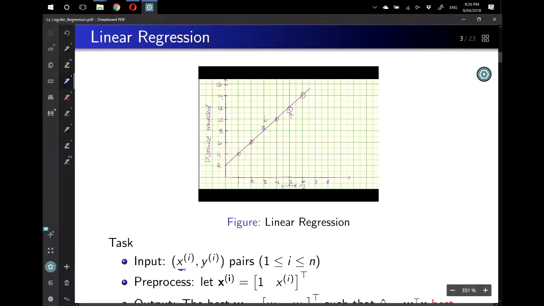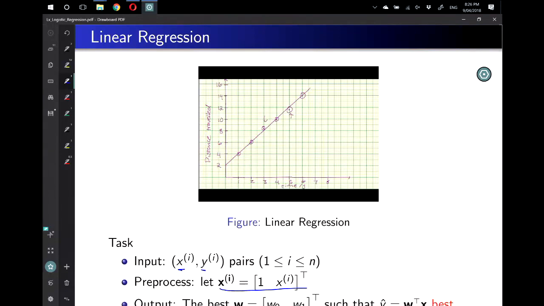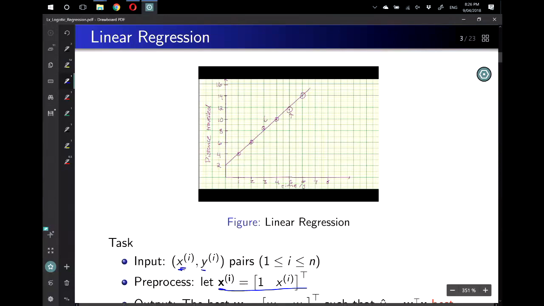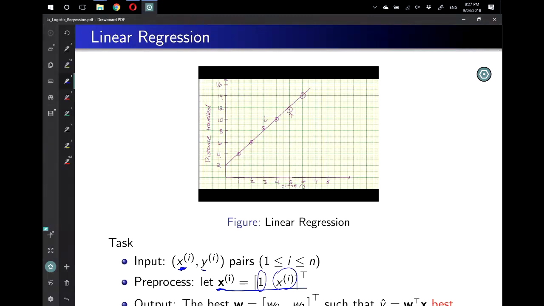We are dealing with x and y, which are scalar values, but we pre-process the data so that we map x into something called homogeneous coordinates. For each x, I convert the scalar, which is not in bold, into a two-dimensional vector by appending 1 to the value. Why do we do this?